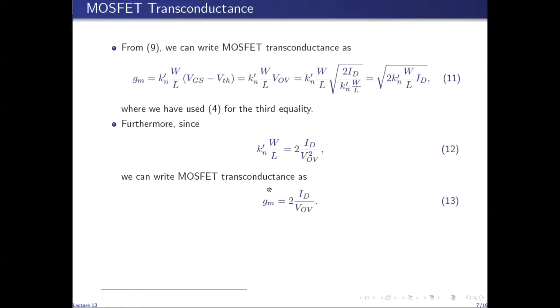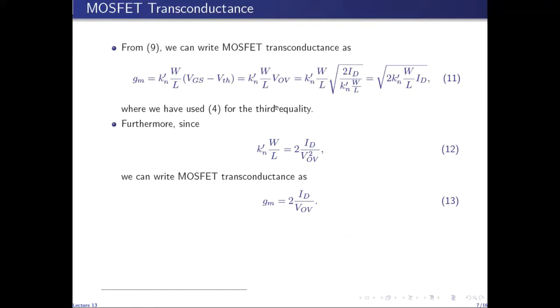So in this expression, we can replace Kn prime W over L with 2ID over VOV square, and VOV will get cancelled with the square and we will be left with 2ID over VOV. So this expression relates the MOSFET transconductance with the drain current and the overdrive voltage.